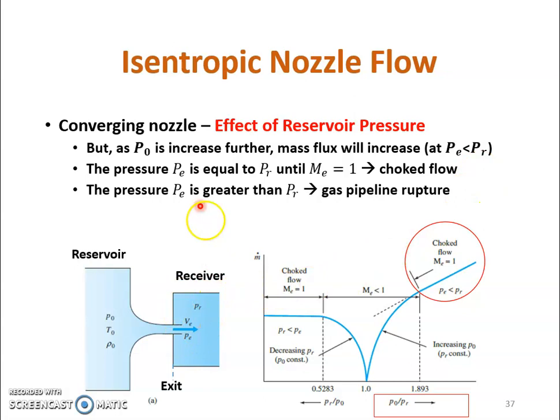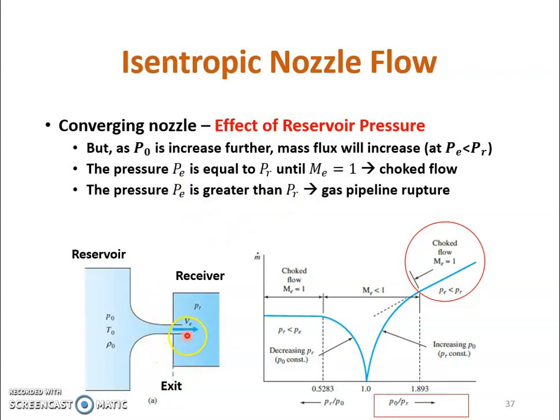But if you increase the reservoir pressure more, it can reach a condition where the PE is greater than the PR. At this condition, it will break the line here.